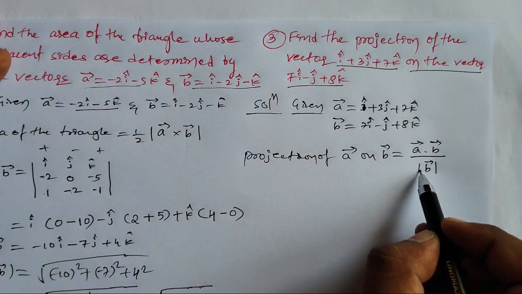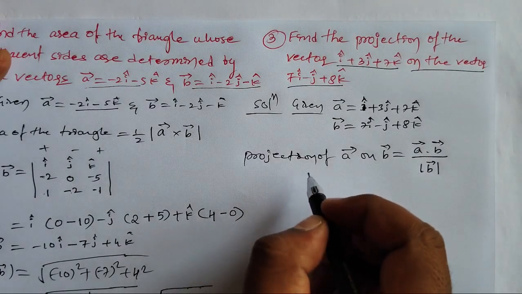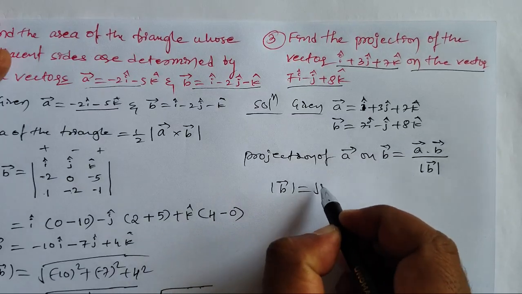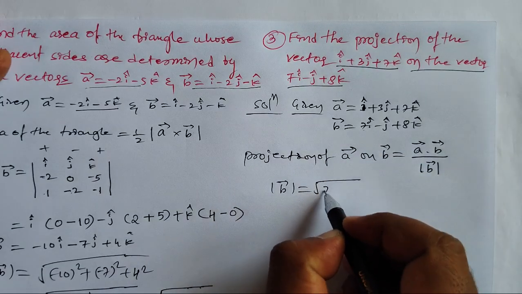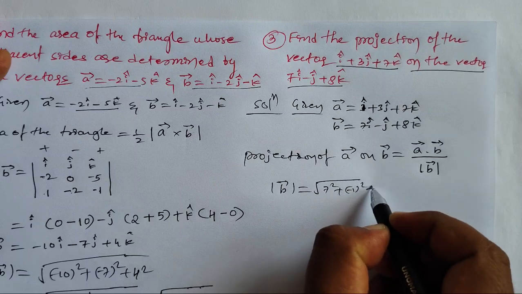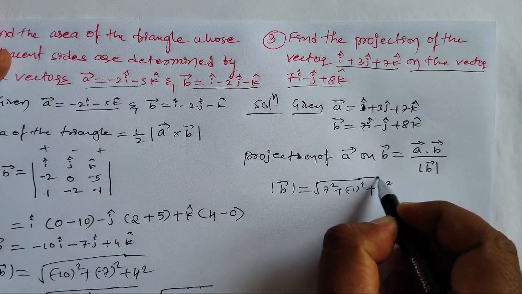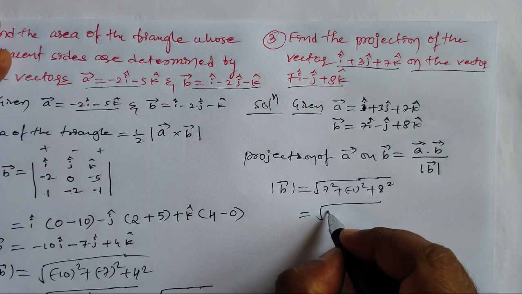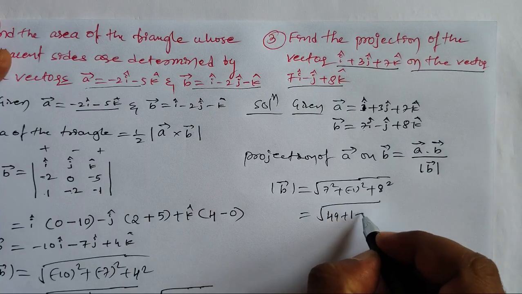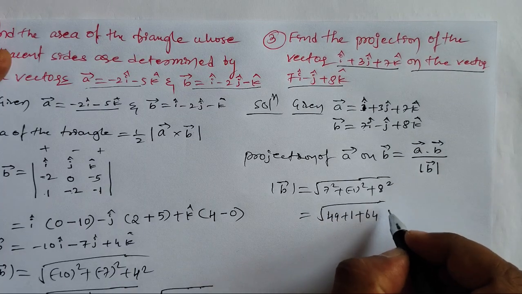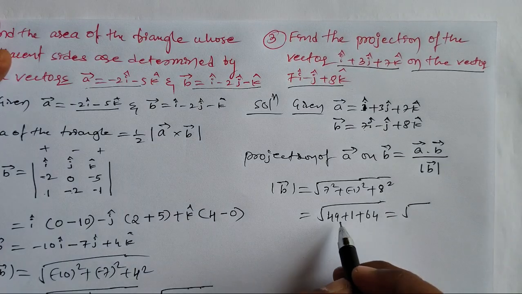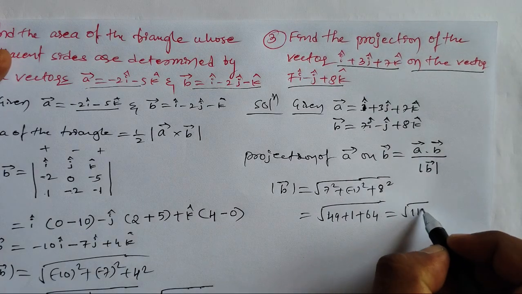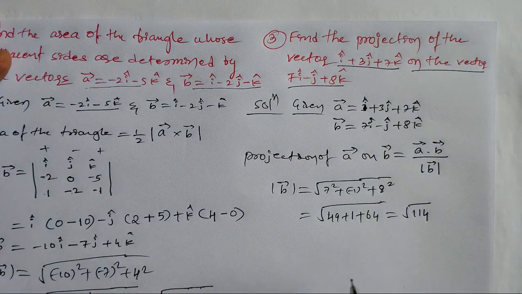So first you find magnitude of B vector. So what is the magnitude of B vector? Magnitude of B vector equal to root of 7 square minus 1 square plus 8 square. So that is equal to root, 7 square becomes what? 49 plus 1, 8 square is 64. So that is equal to root 50 plus 64 is 114, right? Okay.